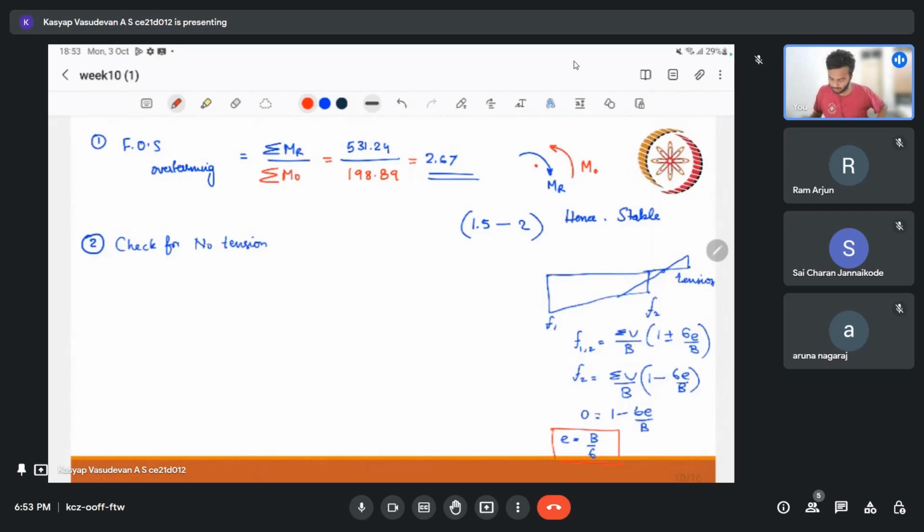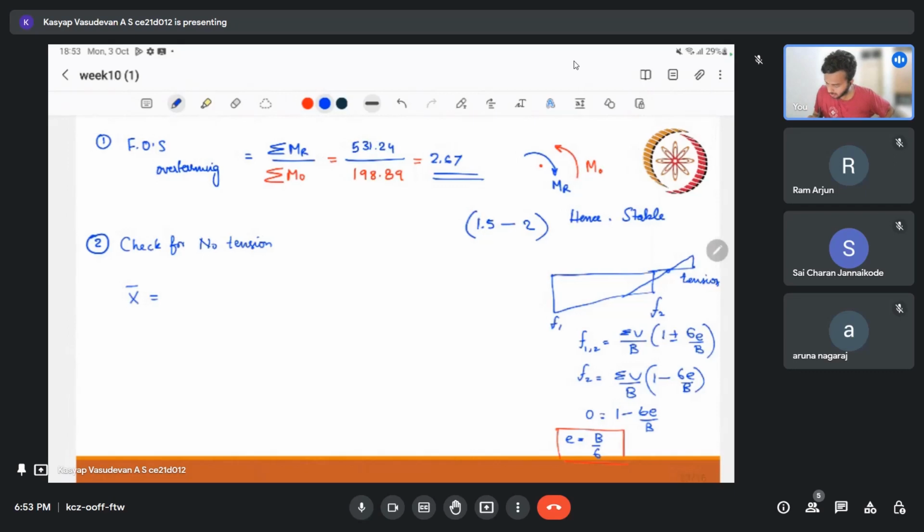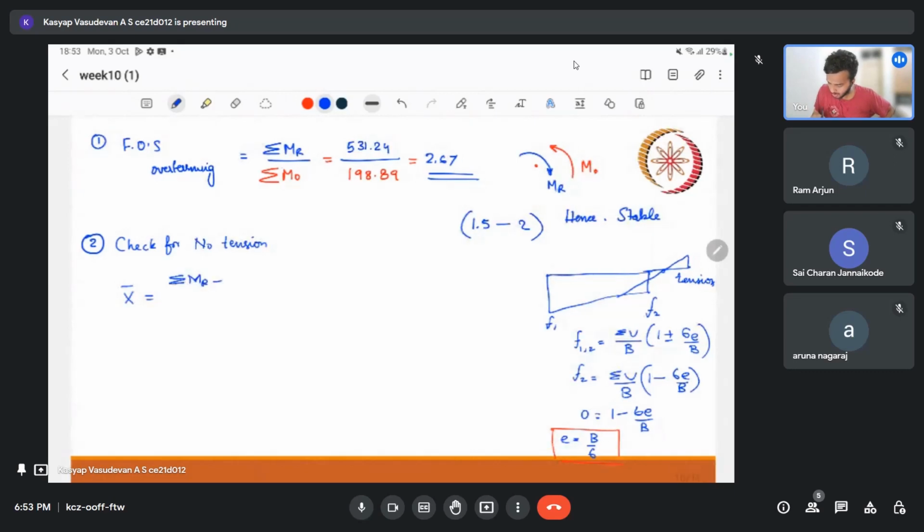So we'll find the eccentricity. To find the eccentricity, what we need is x bar. So x bar is the position of the resultant from our reference point, which is MR minus MO divided by sigma V. This is the horizontal distance of the resultant from our reference point.